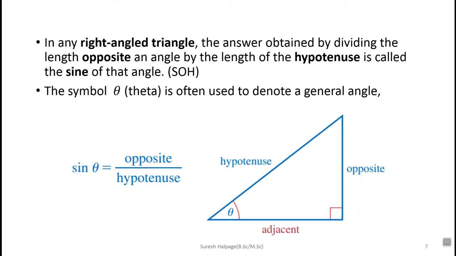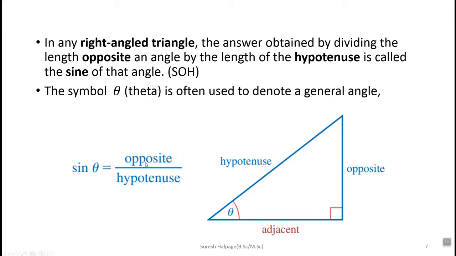In any right angle triangle, the answer obtained by dividing the length of the side opposite an angle by the length of the hypotenuse is called sine. The symbol theta is often used to denote a general angle.